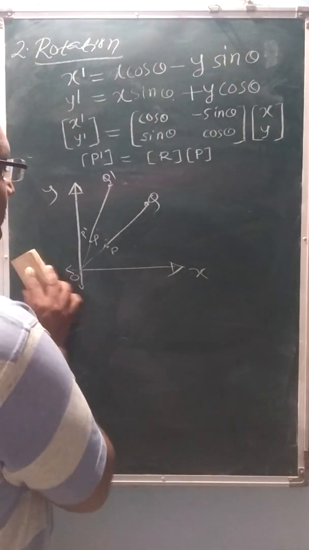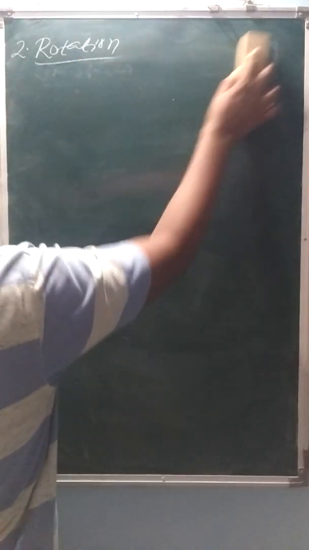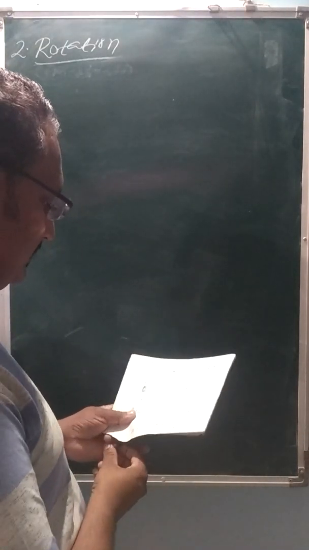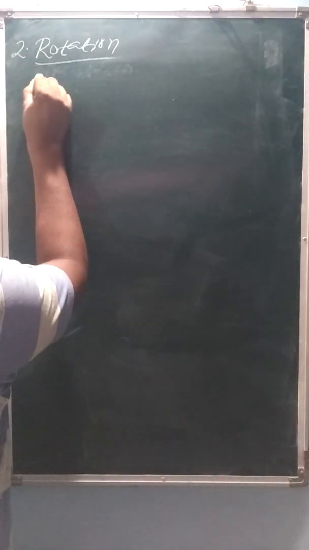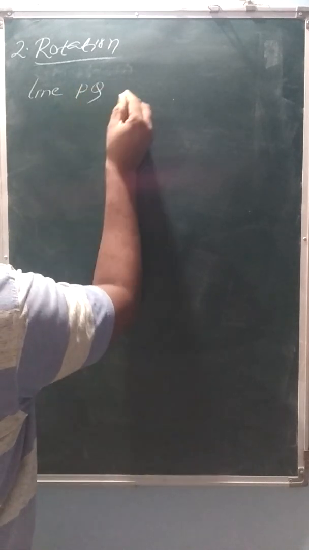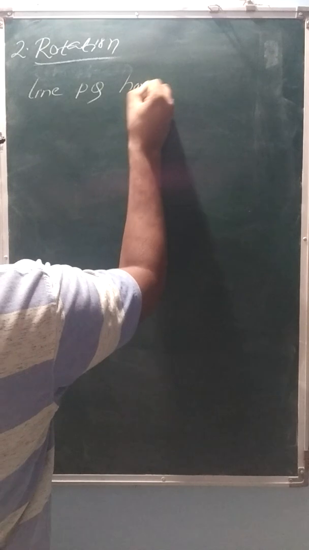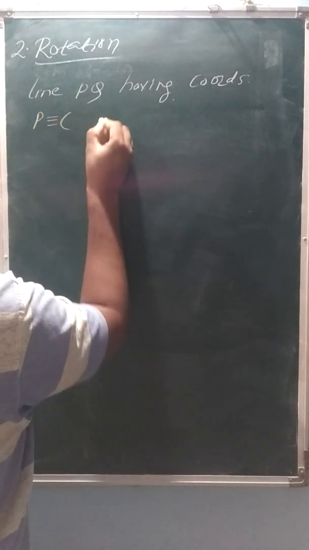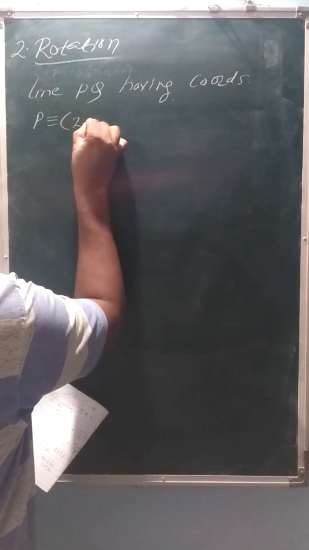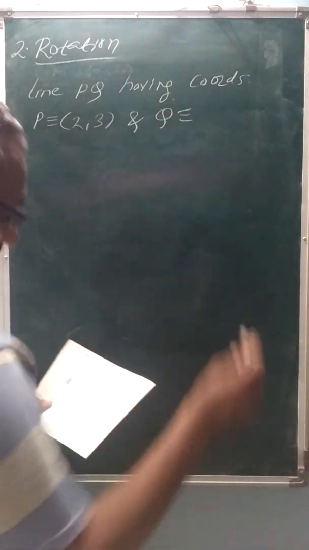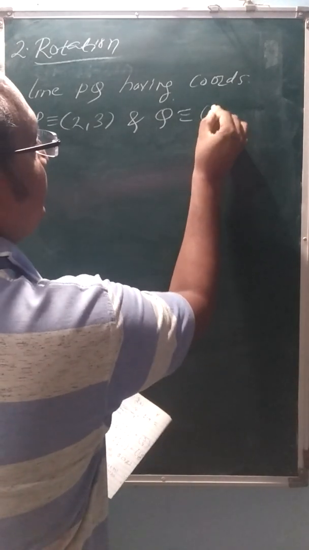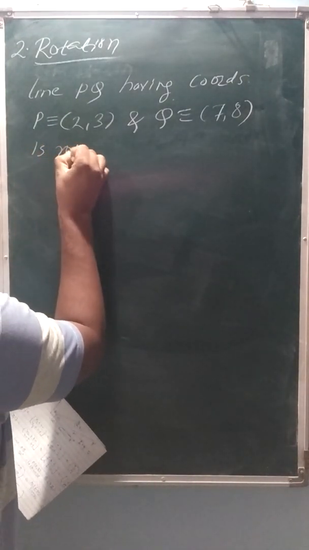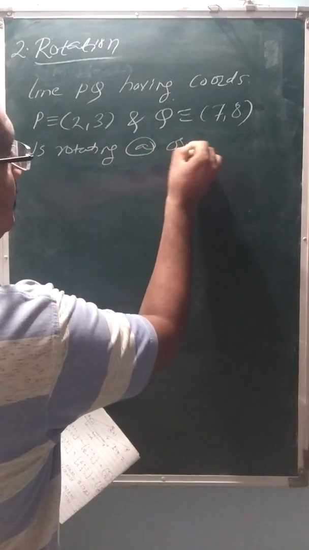Now we will solve one numerical. Consider a line PQ having coordinates P (2, 3) and Q (7, 8), rotating about the origin.